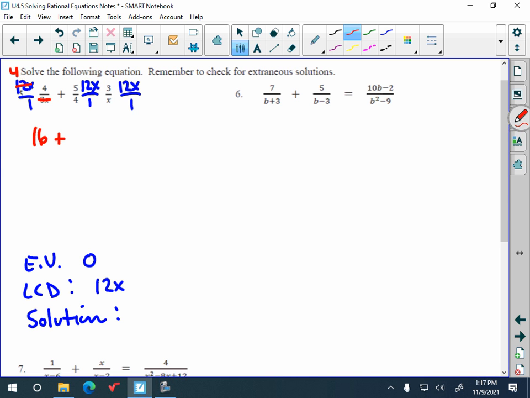Plus. The 4 will cancel with the 12 and turn it into a 3. Be careful, the x didn't cancel out. So 5 times 3 times x is 15x. Equals. The x will cancel with the x, and 3 times 12 is 36. So now we just get x by itself.